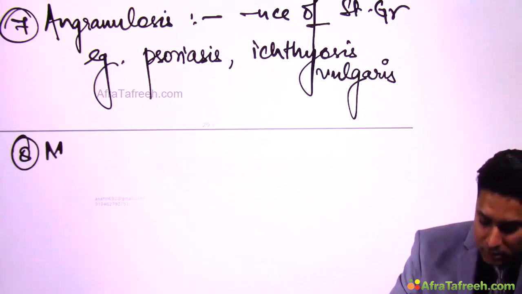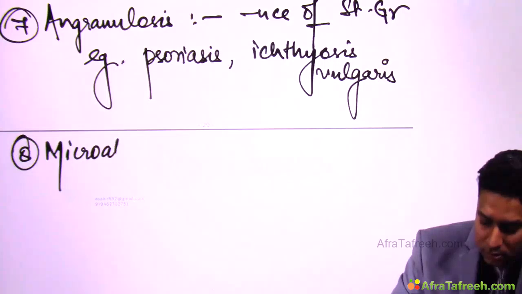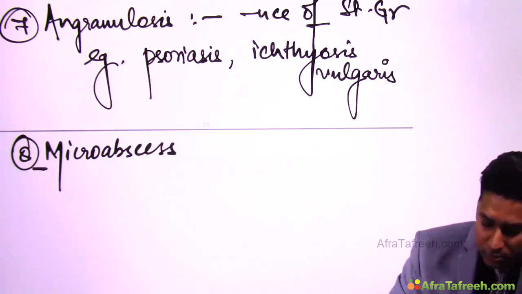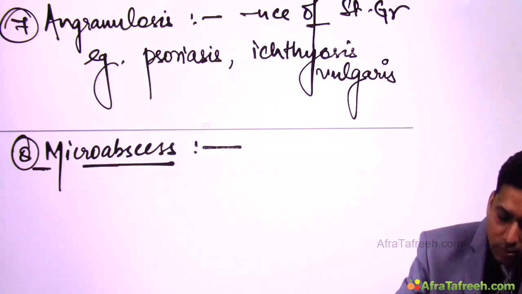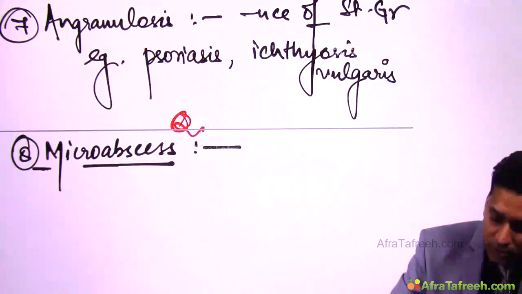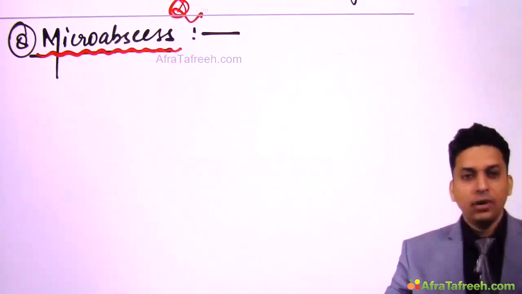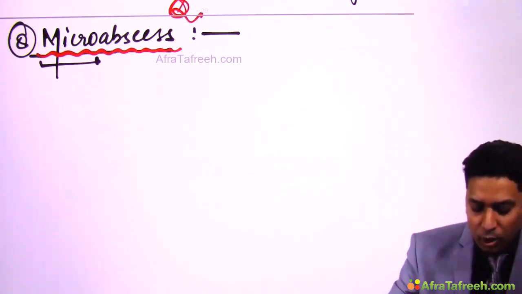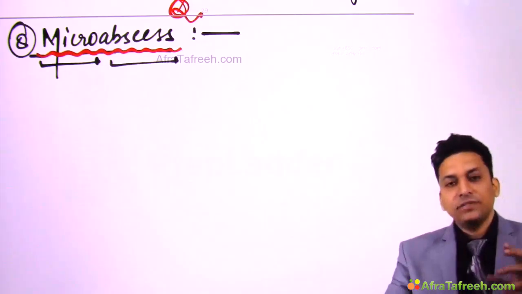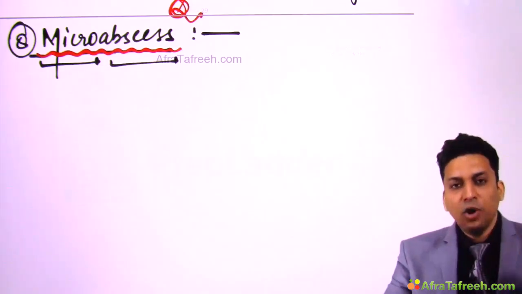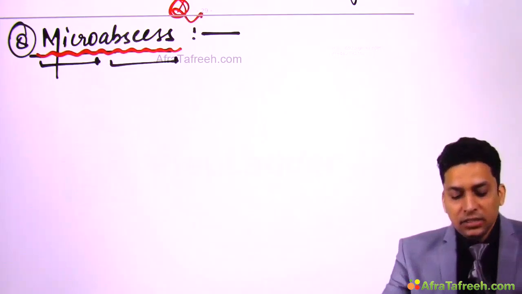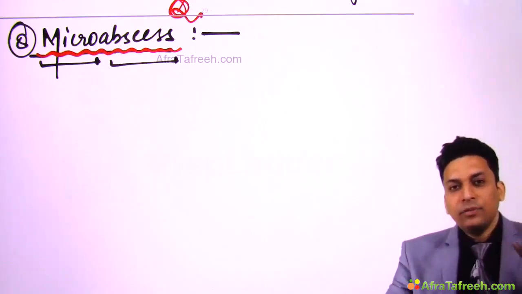The next is microabscess. Now this is something very, very important. Many times questions have been asked. See, micro means small and abscess is a collection of cells. So sometimes in skin small collections of cells are seen. This is known as microabscess, and depending on the type of cell you can label them.